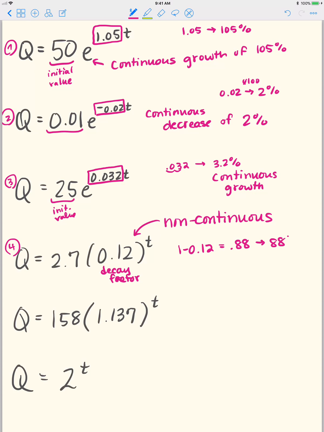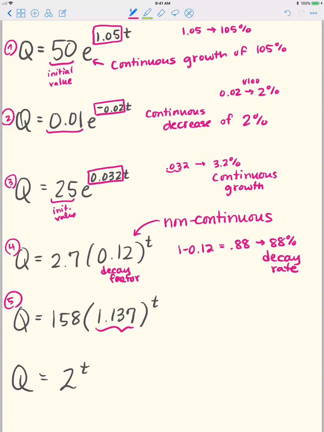So that told us that we had an 88% decay rate, whether it was 88% per year, 88% per day, whatever the unit of time was, it was an 88% decay rate. So again, that's not the continuous kind, that's just our regular exponential decay.